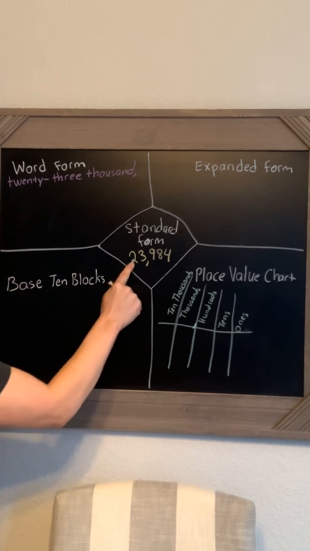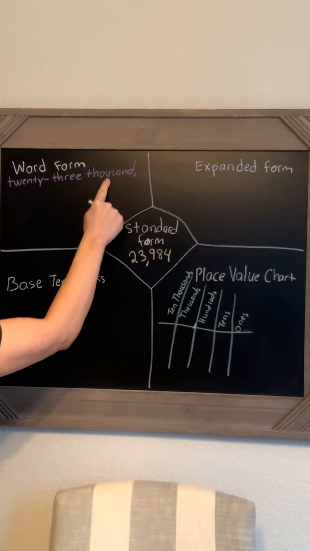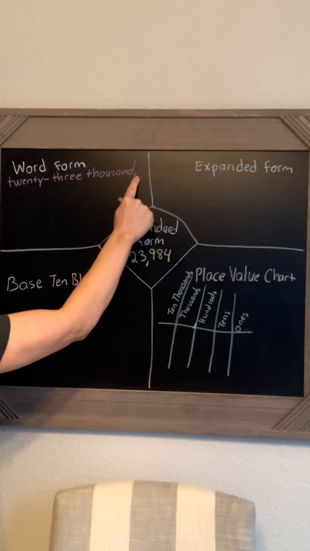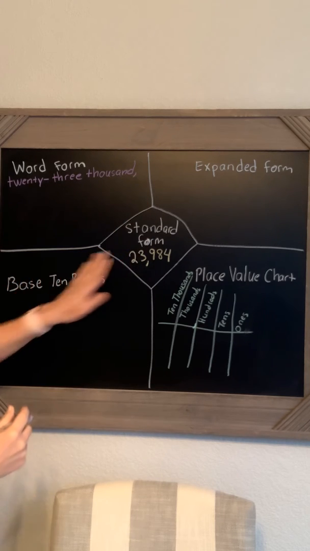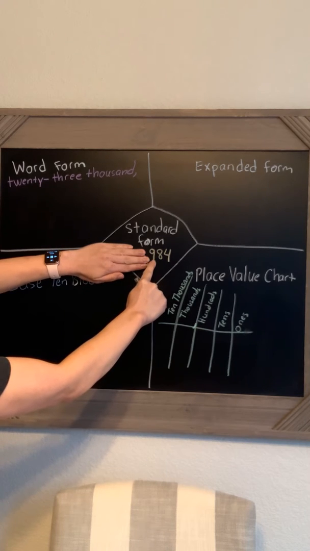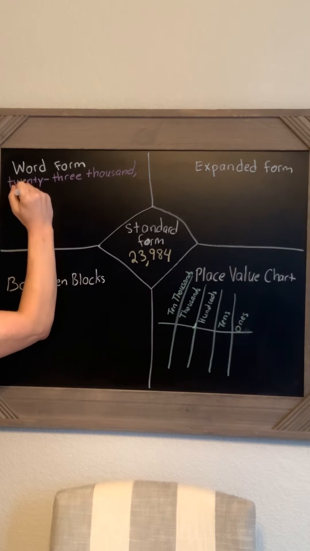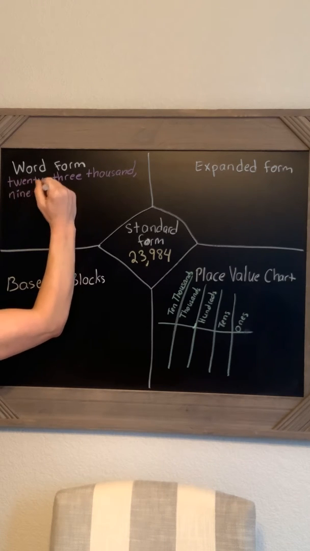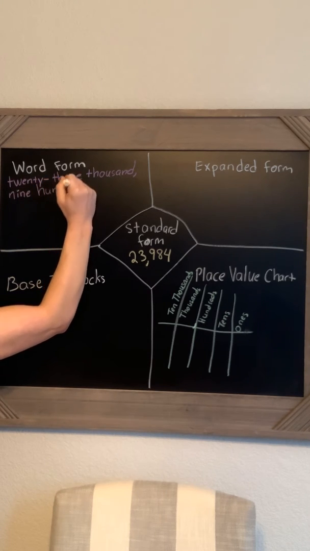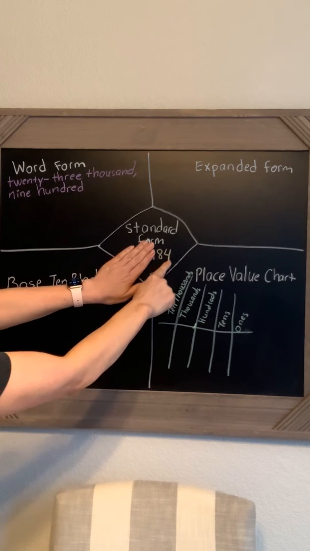Okay, so 23, and then you say the word thousand when you see that comma, and you write the word thousand and then you draw the comma. Okay, then I look at the rest of the number, 900, because that's in the hundreds place. So I'm going to write 984.